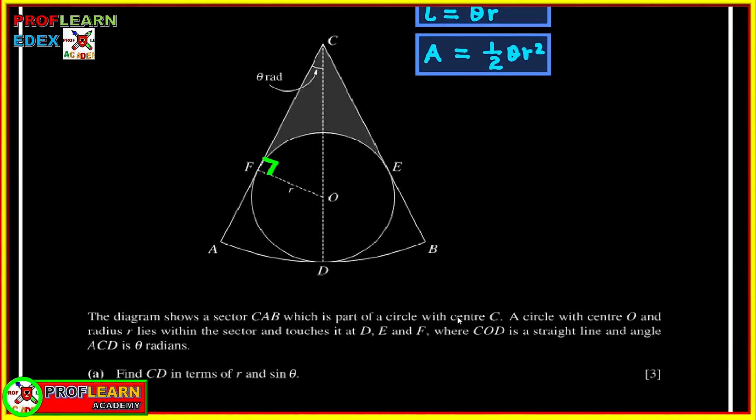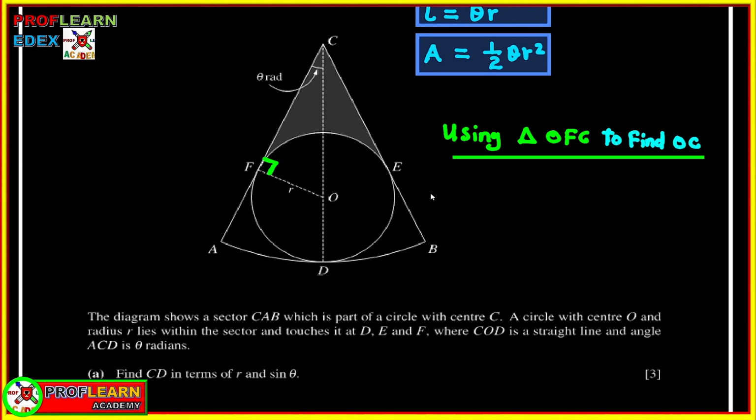CD, you can see from C to D, we have the length CO, then OD. But for us to find CD, first we need to find CO using the triangle that we have at that point. So using triangle OFC, this is a right angle triangle.